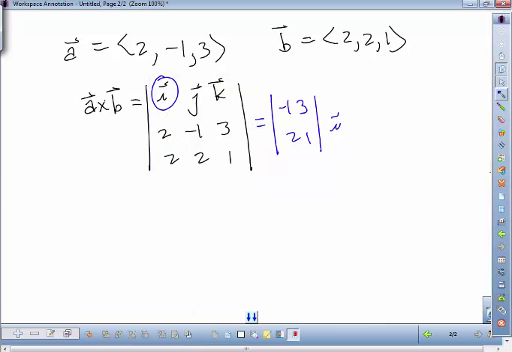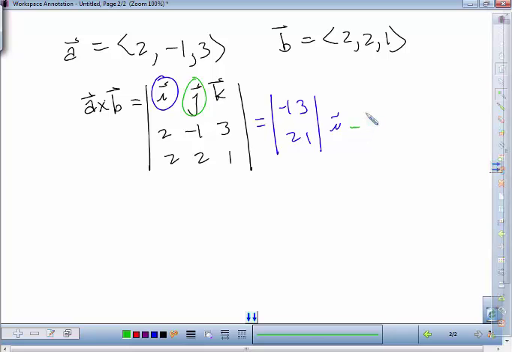And then our next step is to look at the J component. Now remember, the J component will have a minus sign, so I'll put that minus sign there now. I'll have my submatrix I'll figure out in a minute. And then I have the J vector. So I cross out the row and column. And what do I have left?